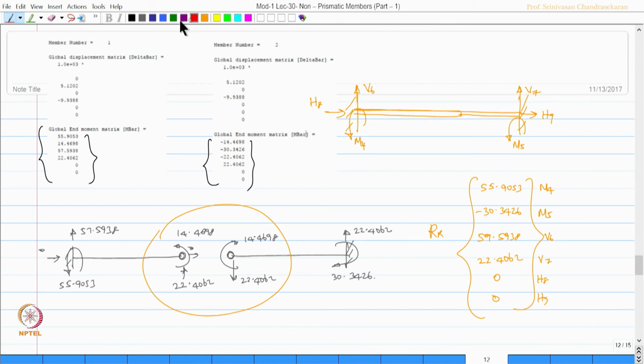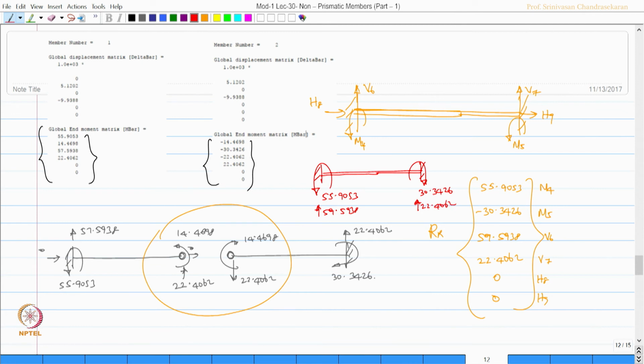This is anticlockwise 55.9053, and this is 30.3426, and this value is 57.5938 and this reaction is 22.4062 and the remaining 2 are 0.